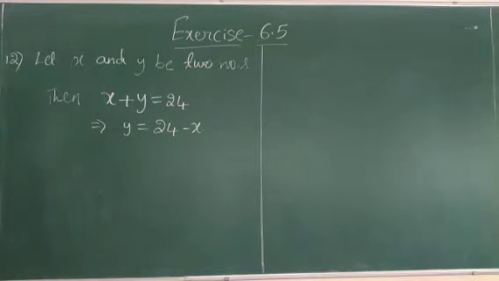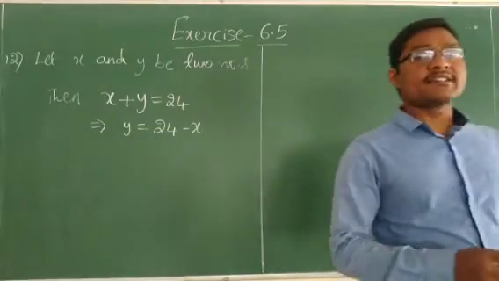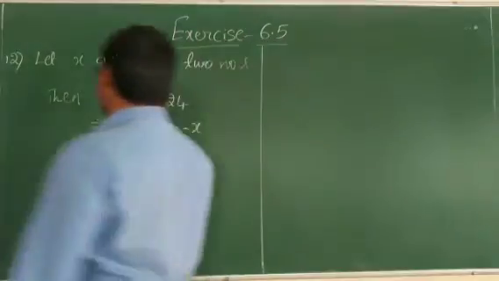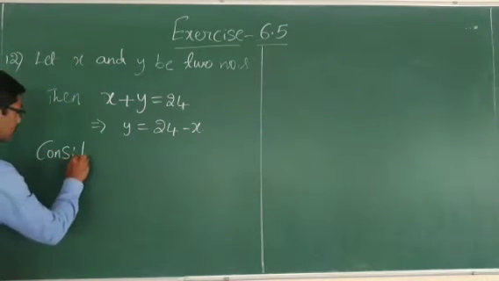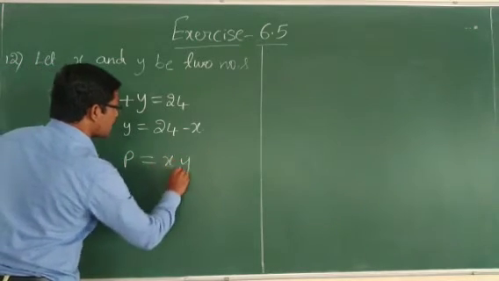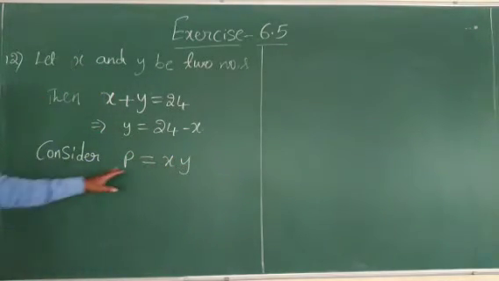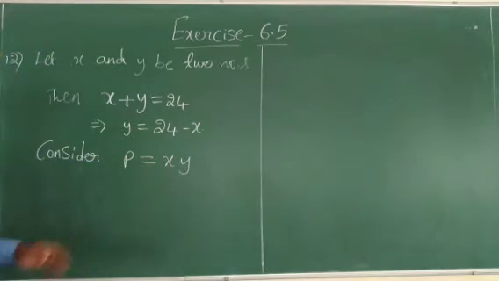Now what is given? The product is as large as possible. So consider p equal to x into y. We consider the product. This product should be the maximum.